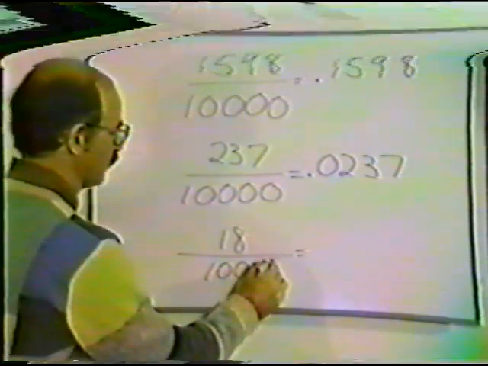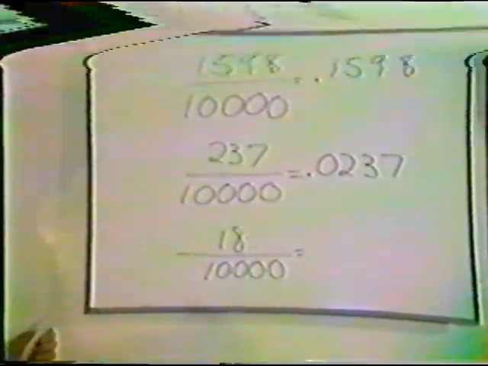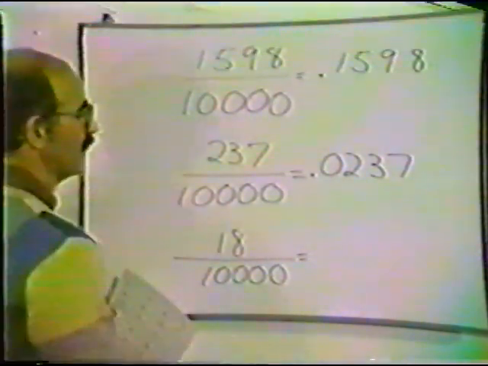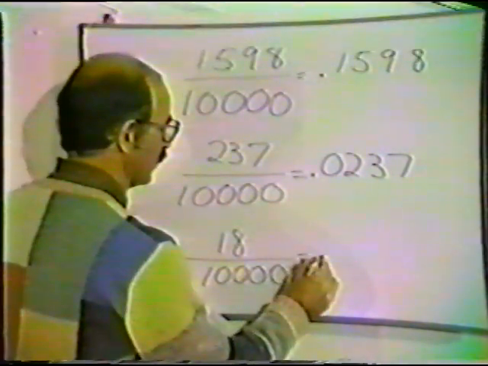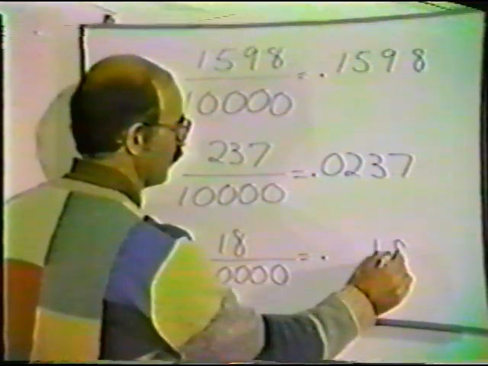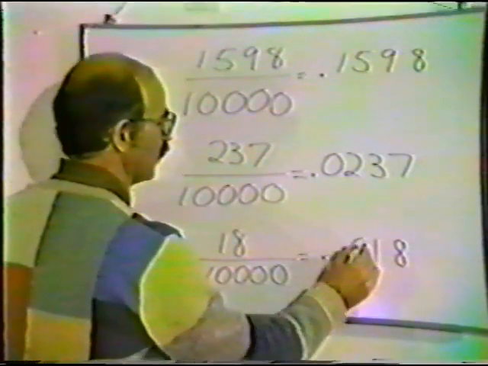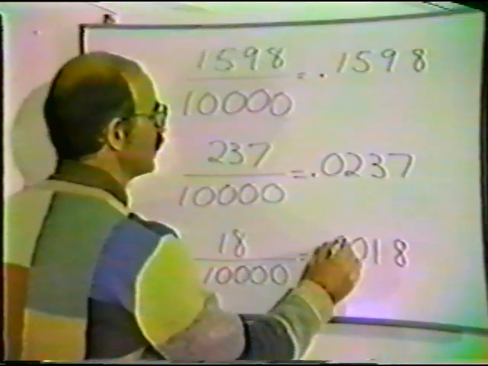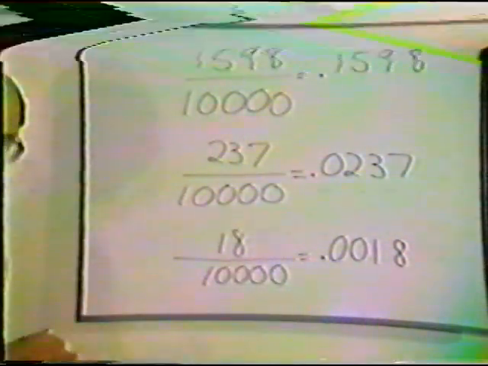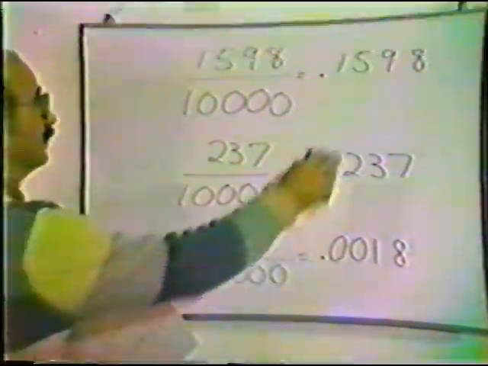And let's read that one. 18 ten thousandths. How many places? 4. The 18 has to end in the fourth place. We have to fill 2 places with a 0. 18 ten thousandths.